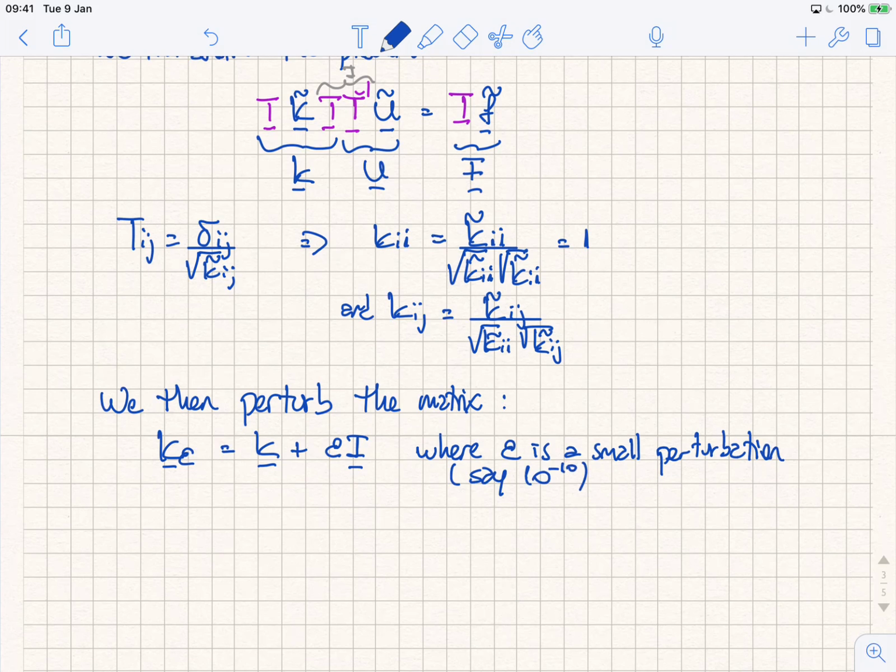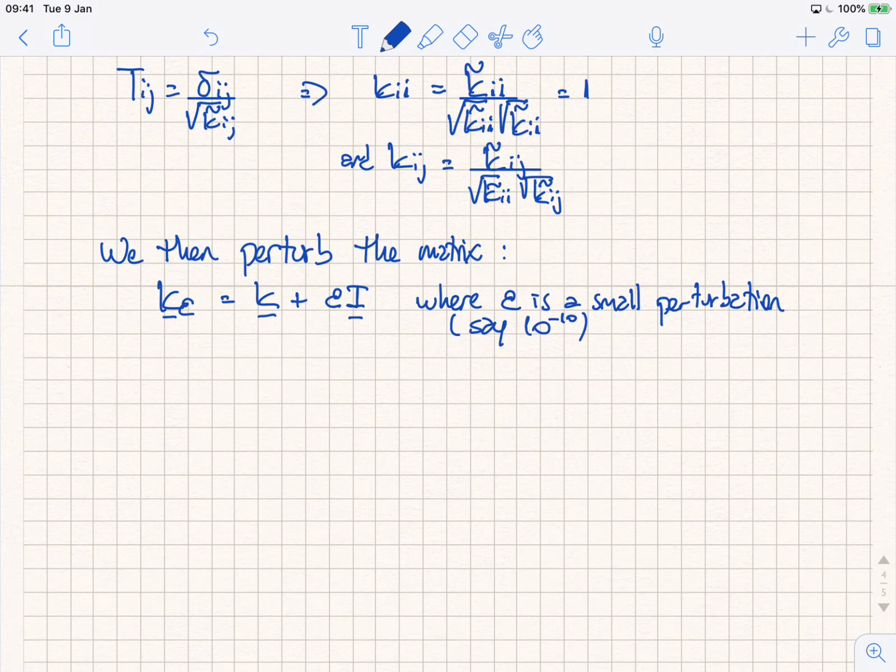Something very small. So you are still very close to your original system, right? But it's no longer singular. It's very badly conditioned, but it's not singular. So since it is no longer singular, then we can solve.